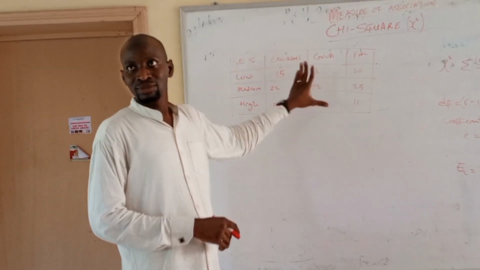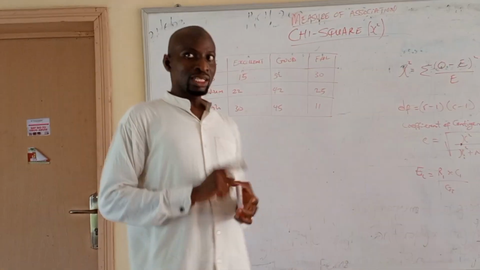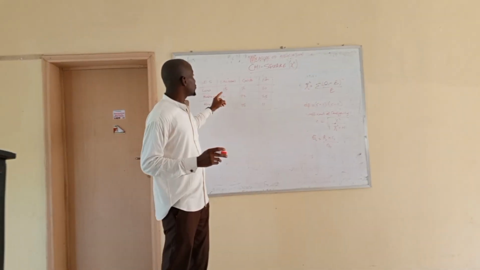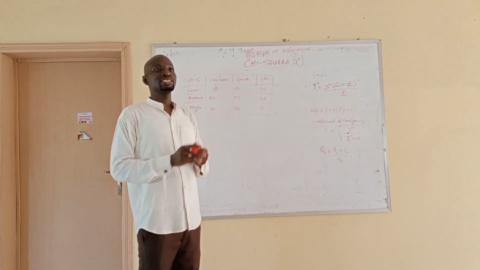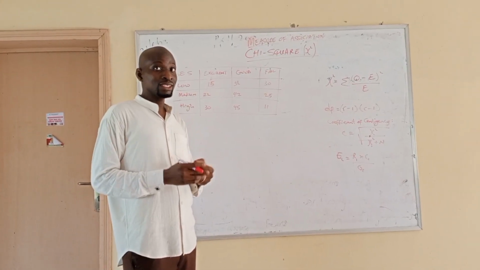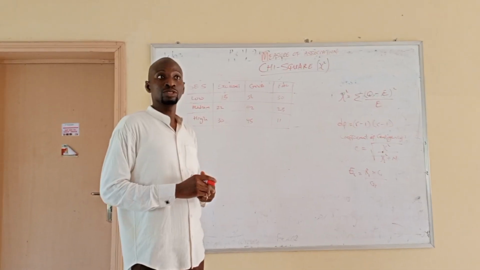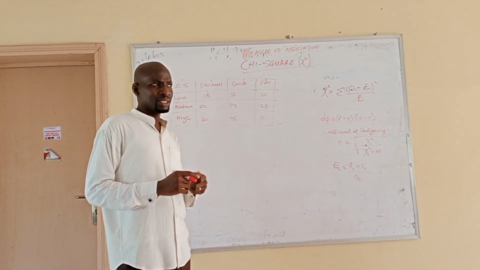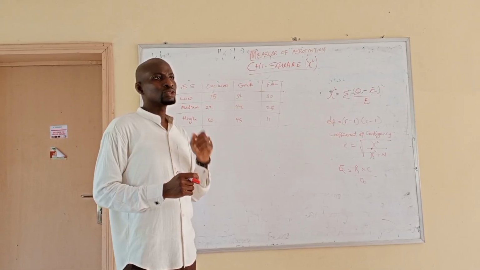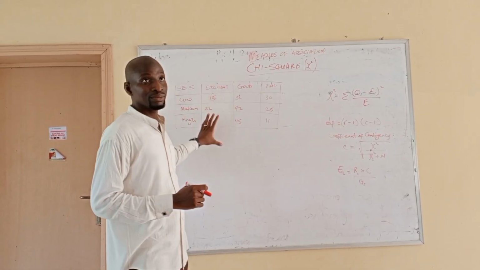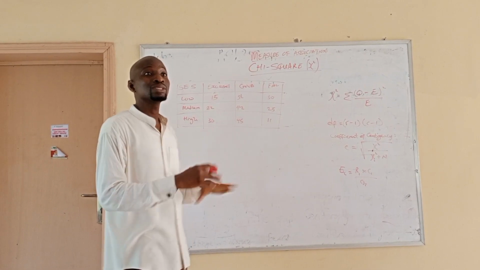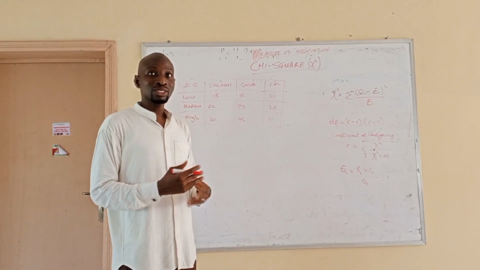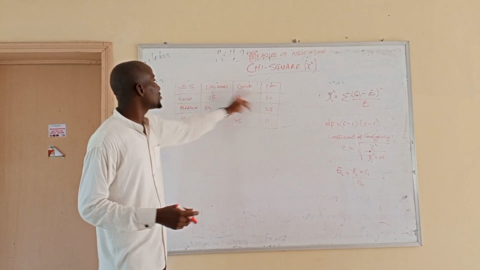But because this is descriptive in nature, that is one thing that you have to take note of. For your information, some people will say chi-square is like a descriptive statistics. In fact, I have seen somebody argue with me, but I was able to tell that person that if you are only stopping at this summary table, it is not chi-square, it is just cross tabulation. When you say cross tabulation, you are cross tabbing this variable with this variable.